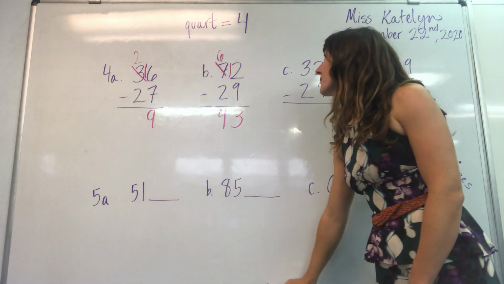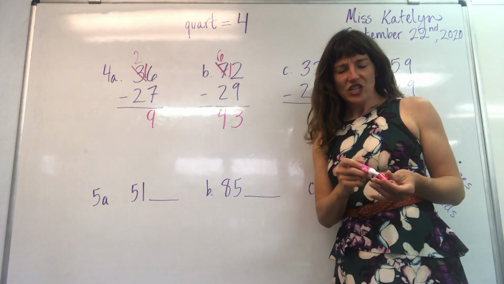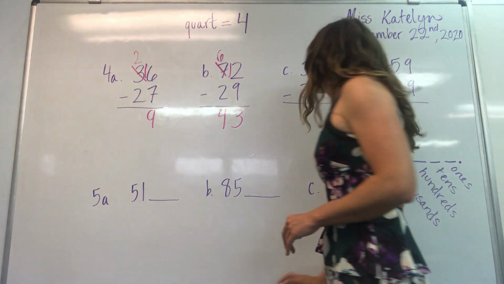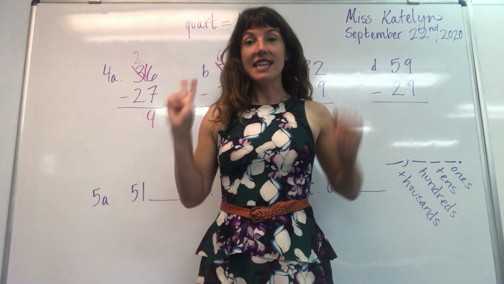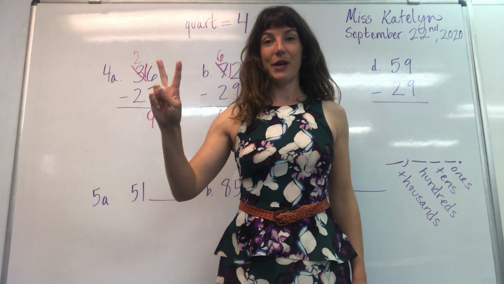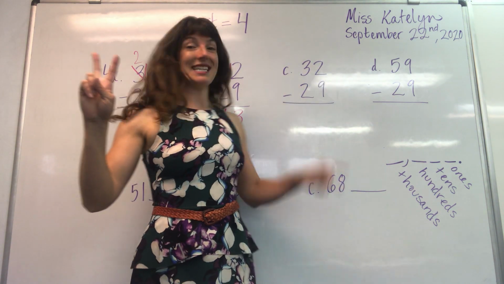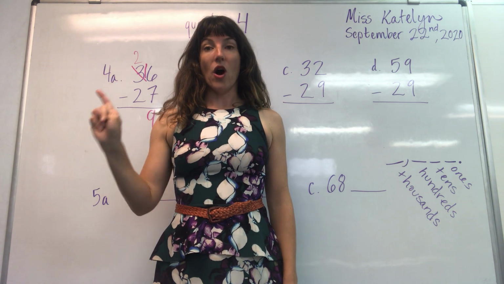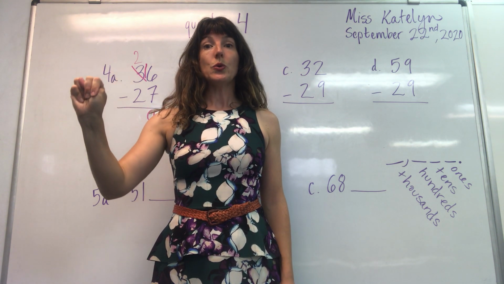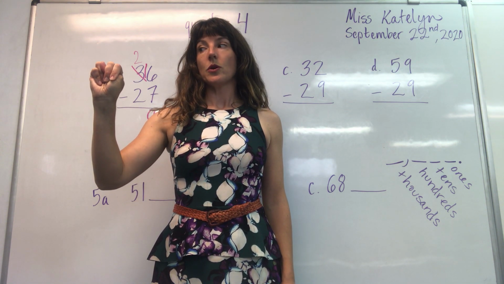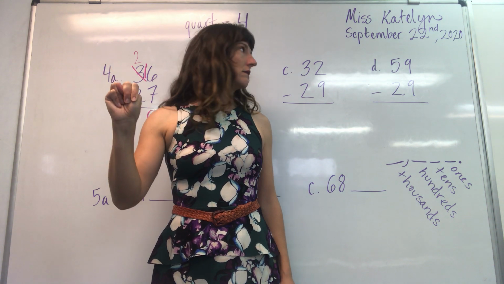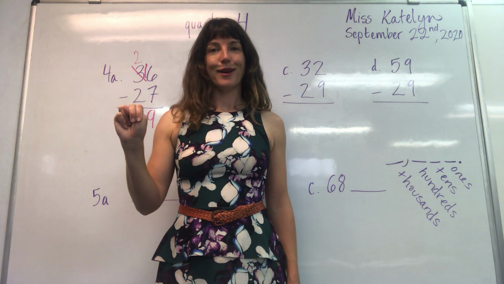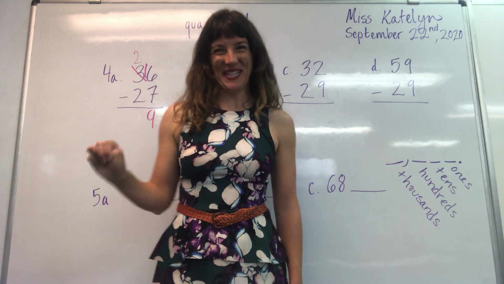All right, so here we go in 4C. Let's try and do it on our fingers again to remember. Let's take 9 away from 2. Here we go. 2 minus 9. I can't take 9 away from 2, right?